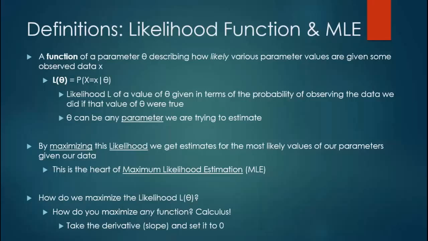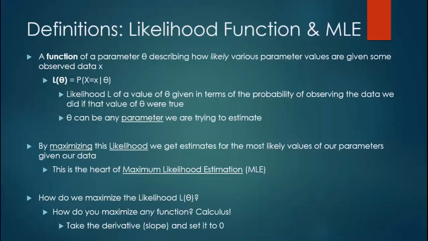So we're going to get a function that looks something like, well, I'm not going to write the equation, I'm just going to write it sort of as values that it could take. So we'll have L of 0 equals some value. We'll have L of 0.01 equals some value. We'll have L of 0.5 equals some value.